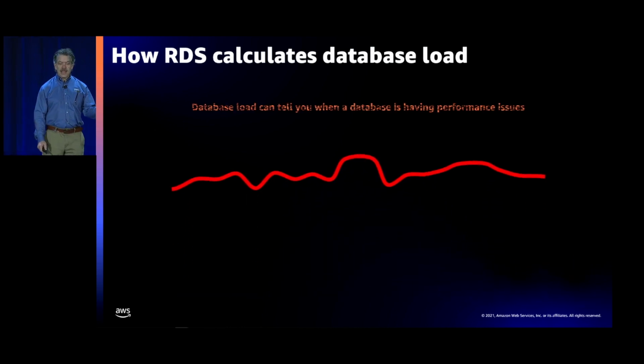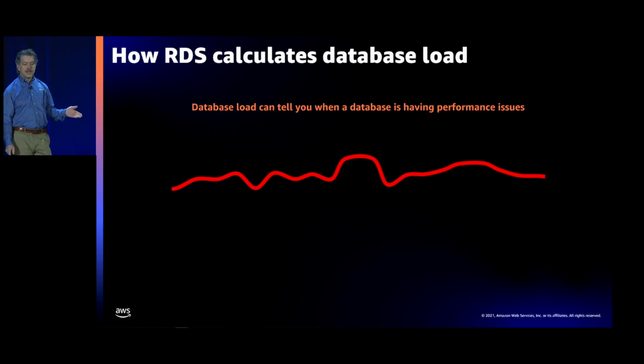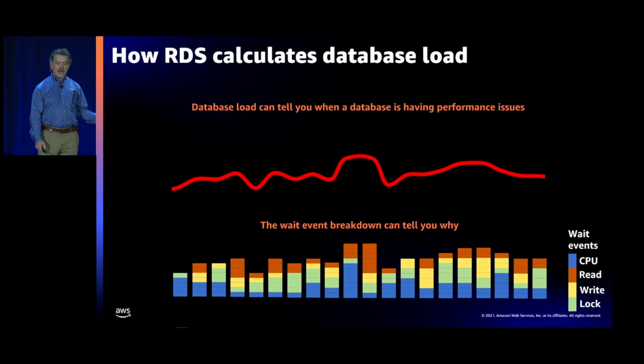Database load is this key core metric that can tell you when a database is having performance issues. And the wait event breakdown can tell you why it's having performance issues. So now that we have a way of finding performance issues, and also a way of understanding why we're having them, what is our first instinct at AWS?